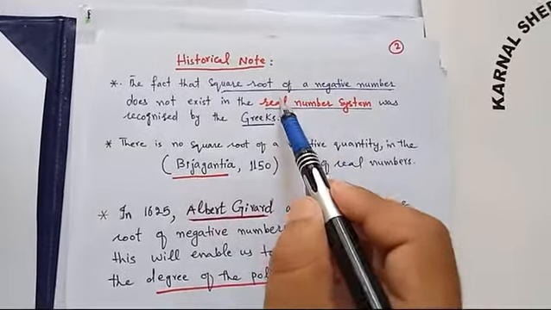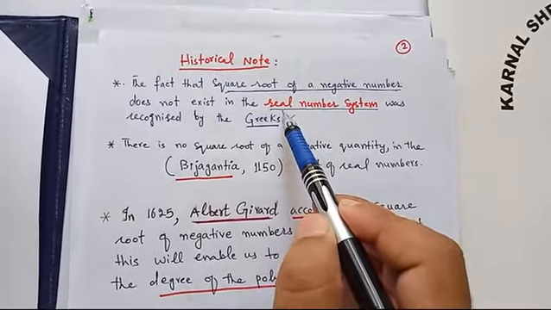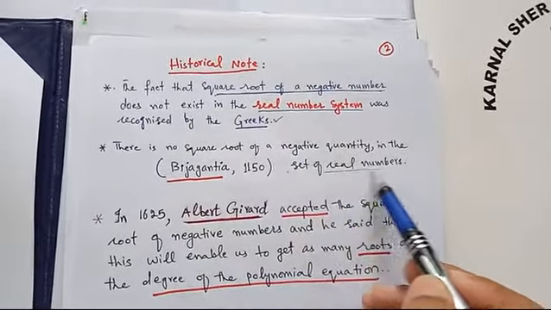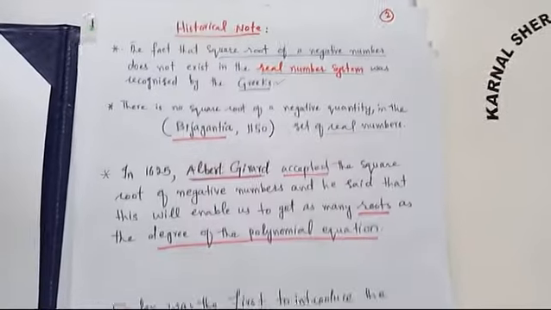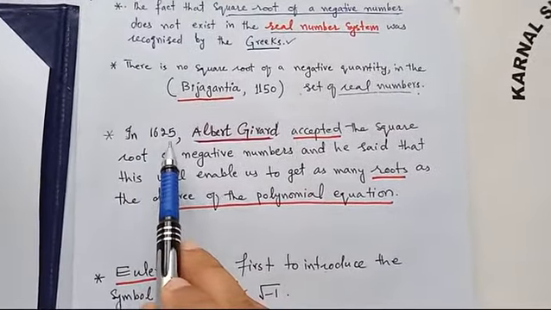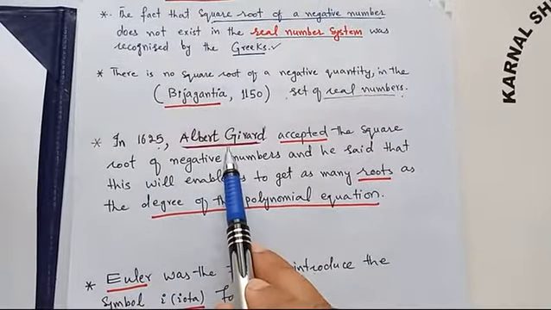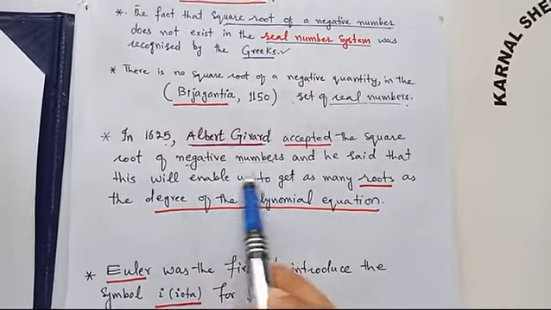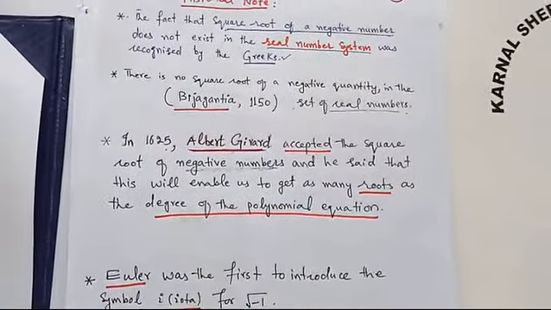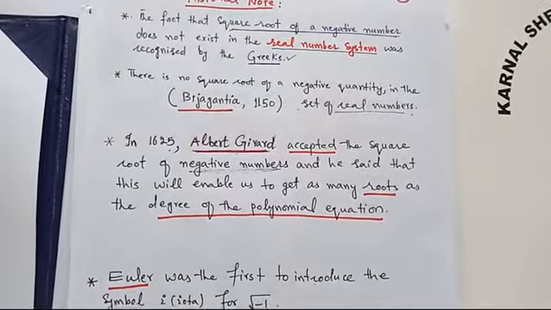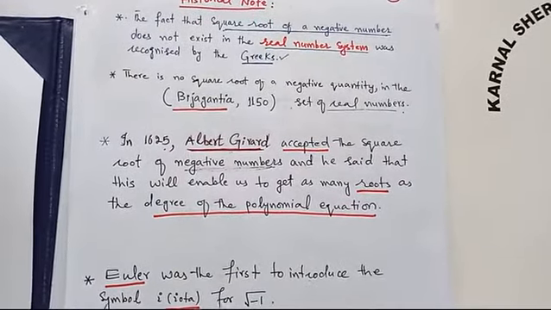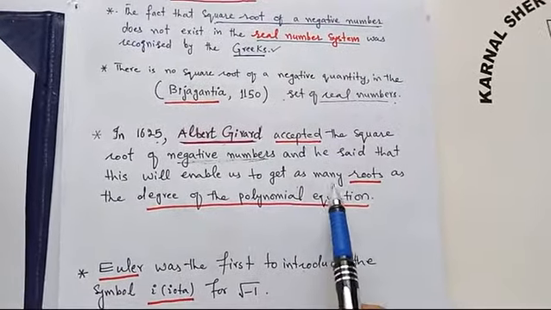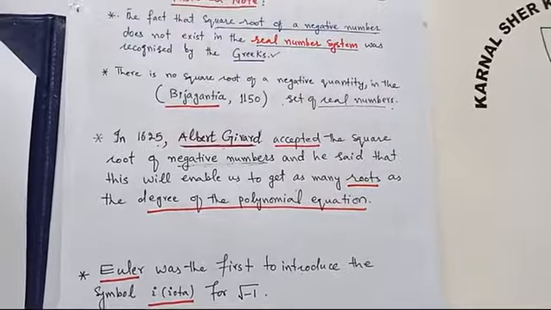This point is the same as this: it also means that the square root of minus 1 does not belong to the set of real numbers. After that, in 1625, Albert accepted that the square root of a negative number is actually a number, and he said that this will enable us to get as many roots as the degree of the equation.